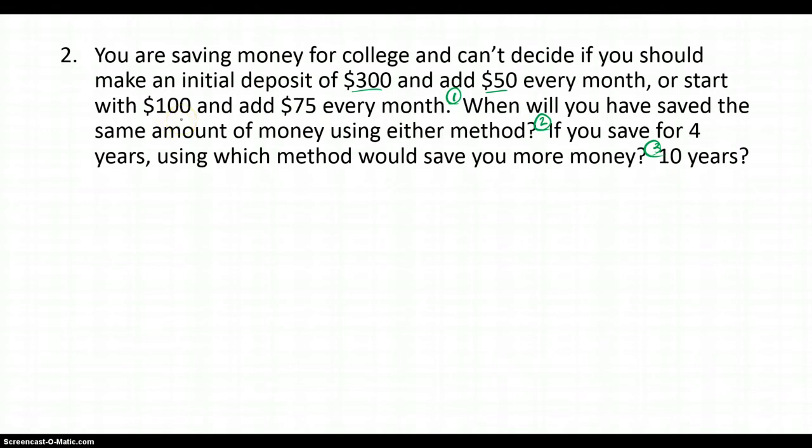So let's start by defining our variables. If we let x be the number of months and y equal total money in accounts. Okay. I'm going to write an equation.